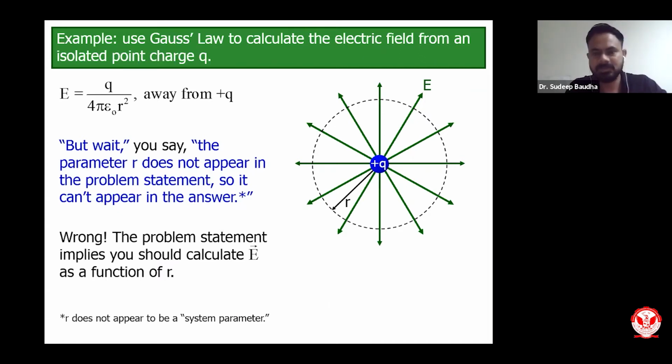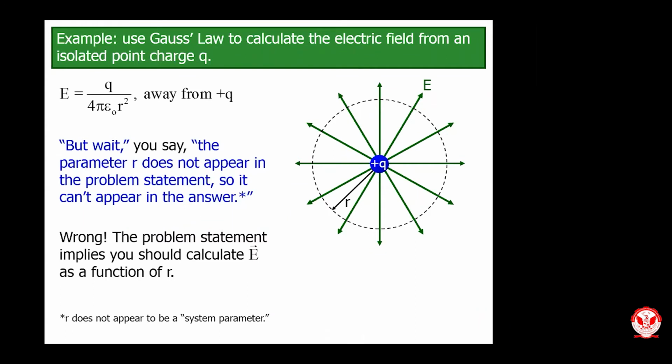Because of course, if we talk about a charge and about the distance, distance will play a crucial role in determining the electric field because of a particular charge. So what we have done is relate E with respect to charge and with respect to distance r.